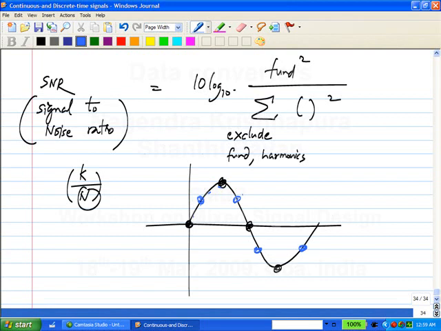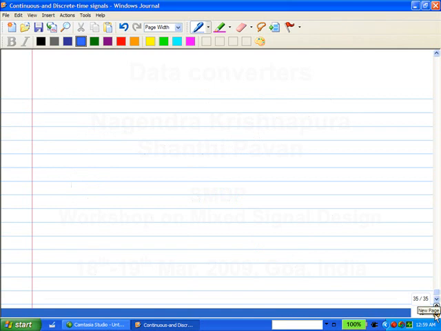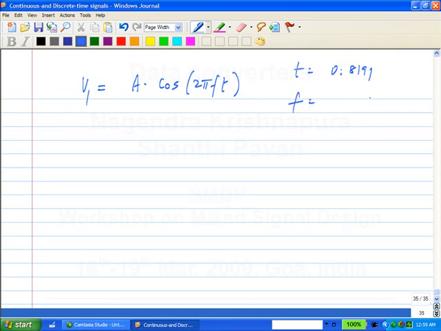Anything else? Now one last thing, which I talked about yesterday, and which you can easily simulate in MATLAB, is the quantization error. Let's say you take V1 to be a cos or sine, it doesn't matter, and you can choose similar values as before. So t goes from 0 to 8191, so that you have 8192 points, and f is, let's say, 1 by 8192 or something. It doesn't matter which one you choose.